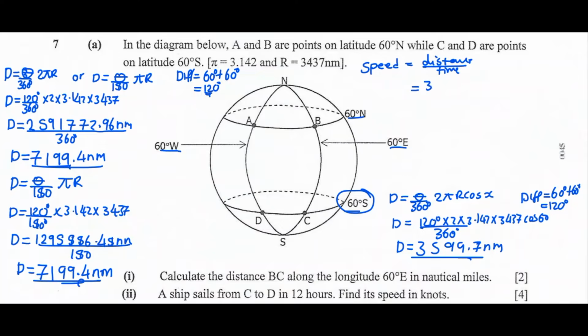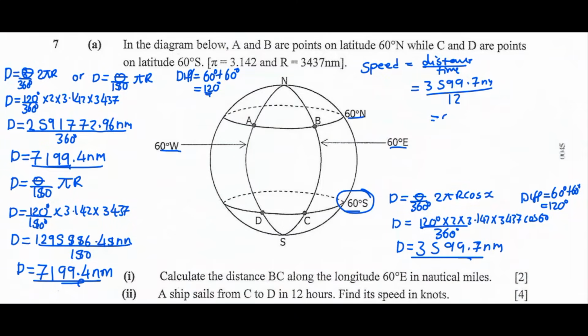So speed is equal to distance, 3,599.7, then we divide by the time, which is given as 12 hours. So 3,599.7 divided by 12.